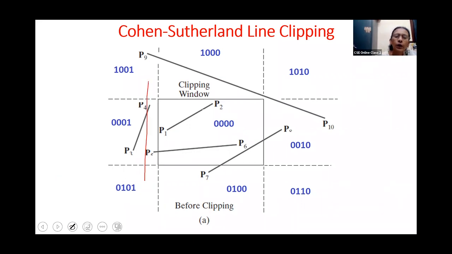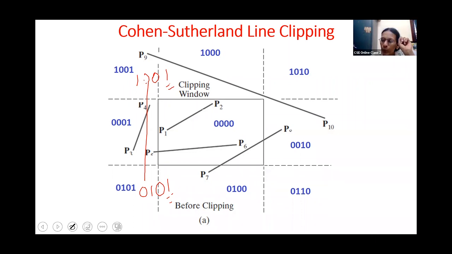What is the outcode for this point? This is 0101. What is the outcode for this point? It is 1001. What we find is this bit B1 is 1 for both the endpoints.